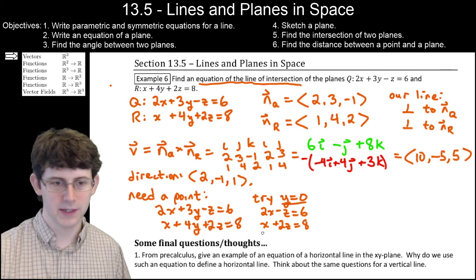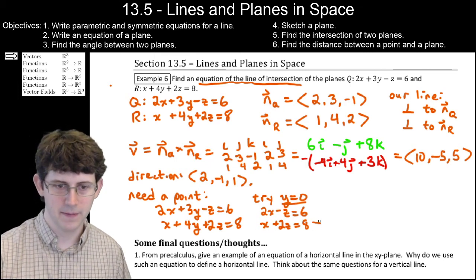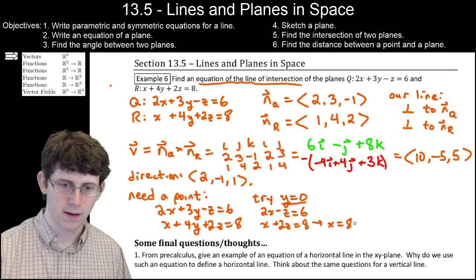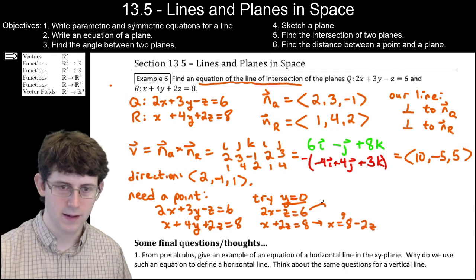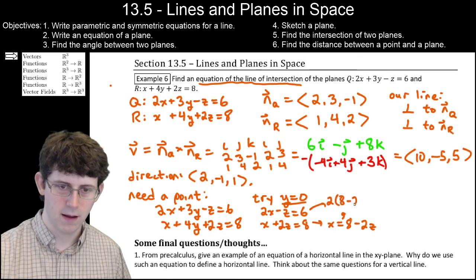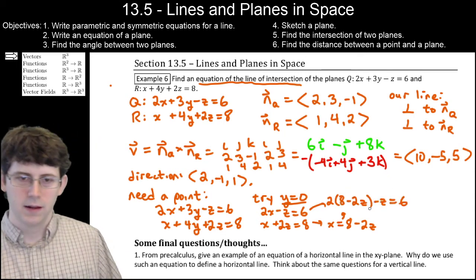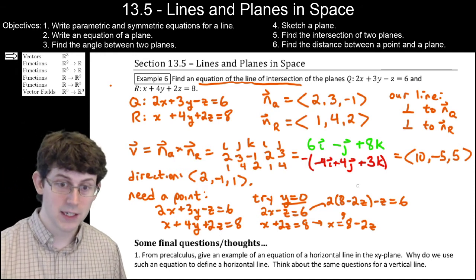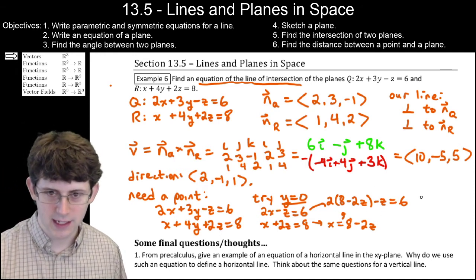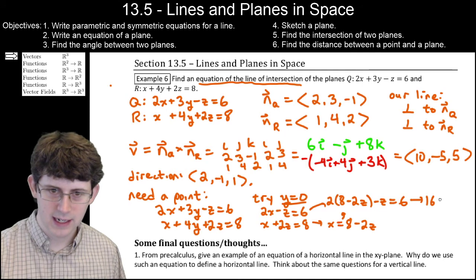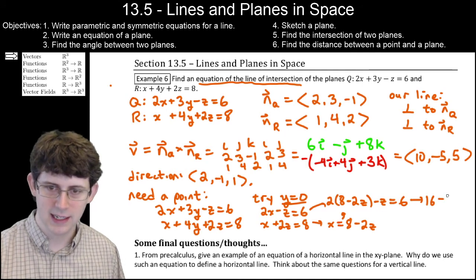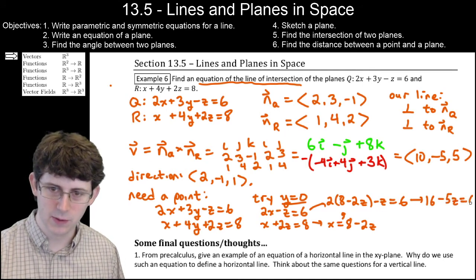Once I declare y equals 0, I can solve for a variable and substitute it into the other equation. Then I end up with one fewer equation and one fewer variable. So this is 16 minus 4z minus z. So this is 16 minus 5z equals 6.